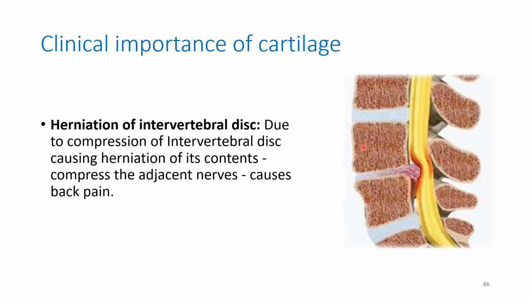So because of the compression of the intervertebral disc, the contents of the intervertebral disc herniate and they can produce pressure effects on the adjacent nerves, which is responsible for the back pain. In this picture, you can see the herniated intervertebral disc putting pressure on the spinal cord.